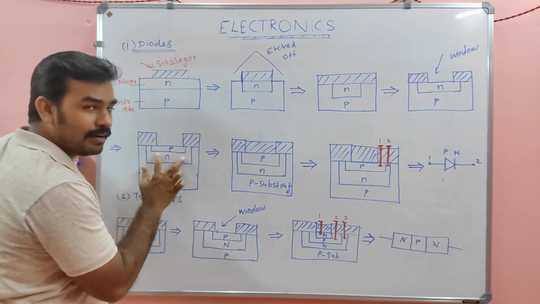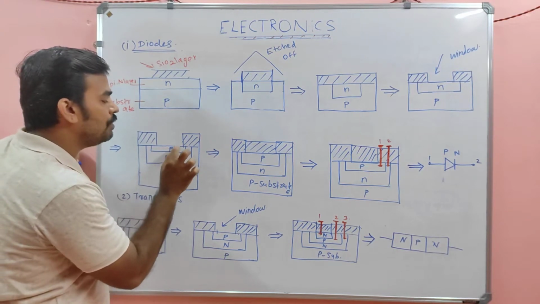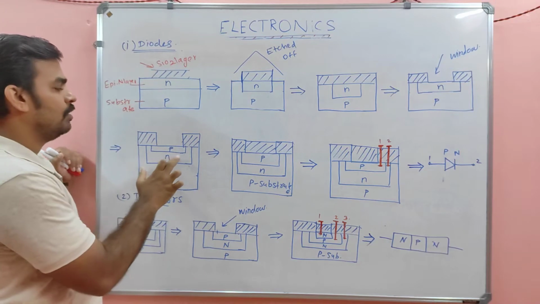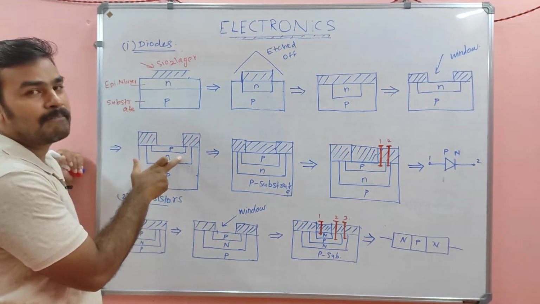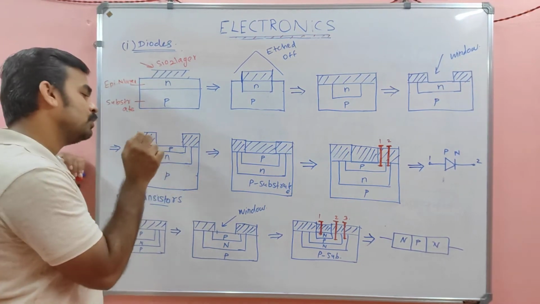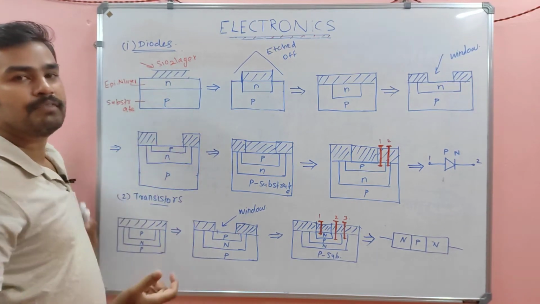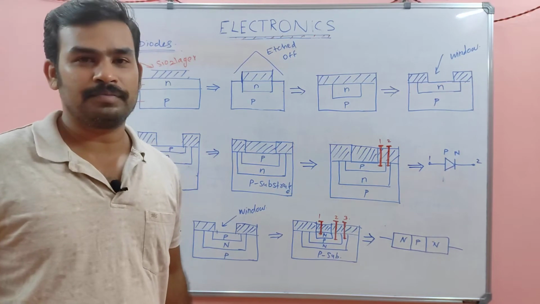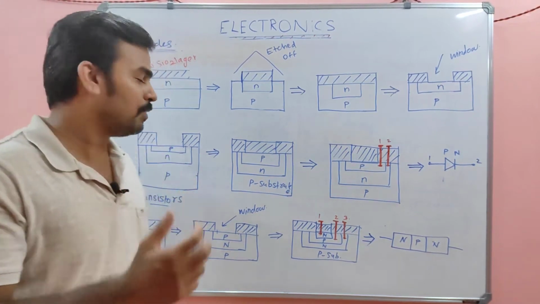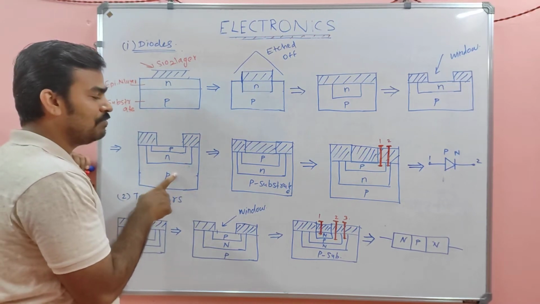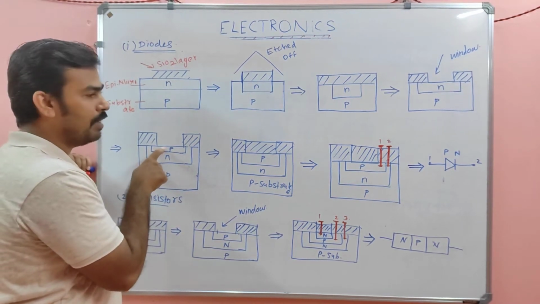Not the whole N, but a small portion will be converted into P. Is it clear? Did you get what I am saying, my dear? So a small region will be converted into P now. See the miracle now. It will form P now.